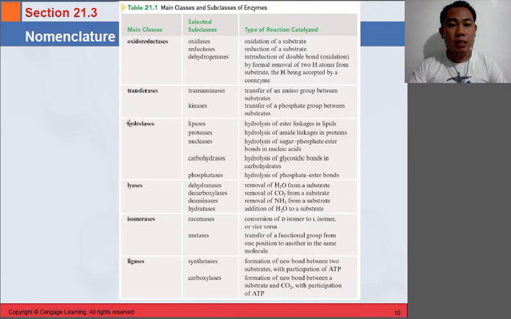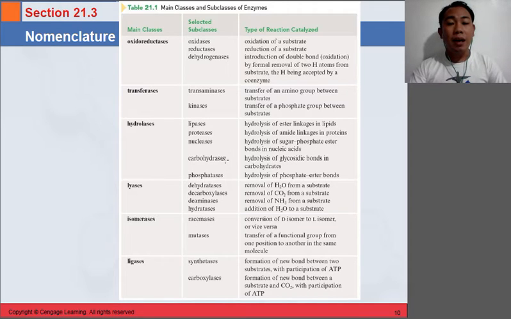Next class is the hydrolases. We have subclasses, lipases, that hydrolyze ester linkages in the lipids. We have the proteases, hydrolysis of amide linkages in the proteins. Nucleases, hydrolysis of sugar phosphate ester bonds in the nucleic acids.